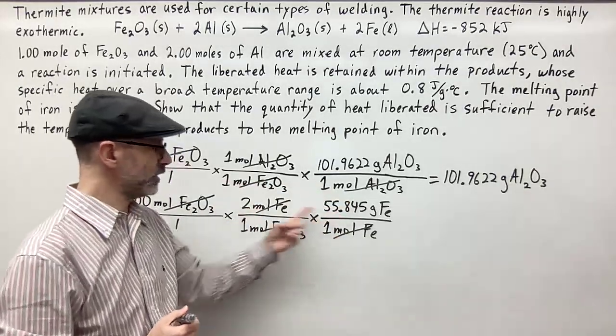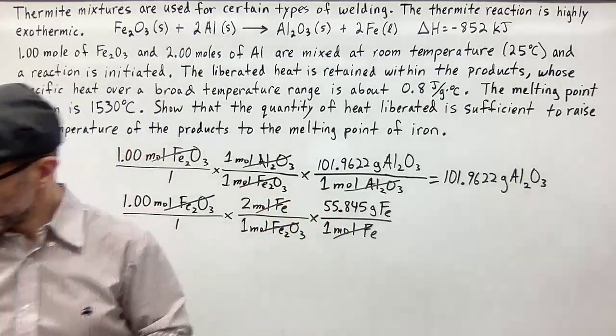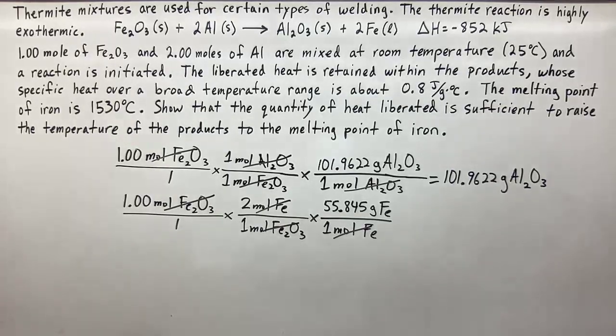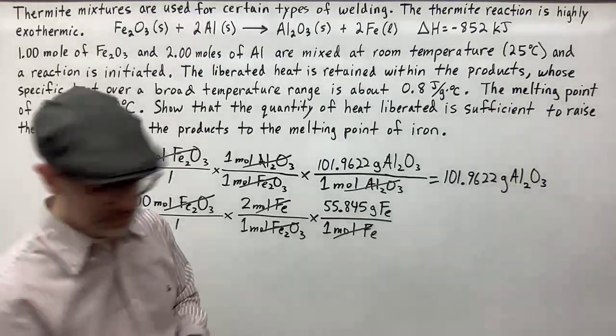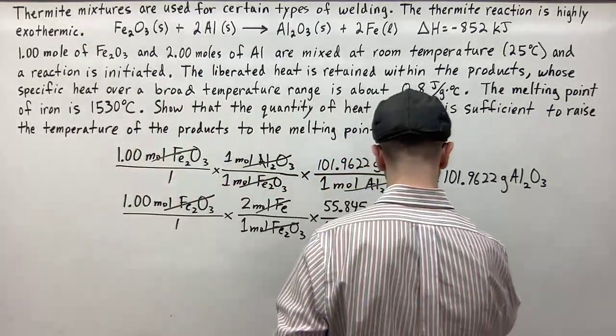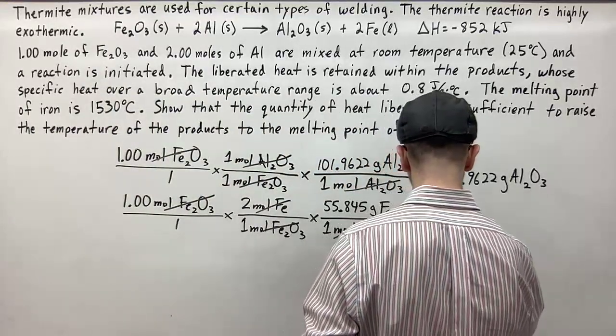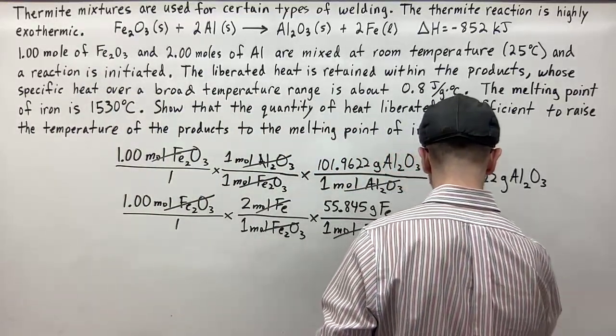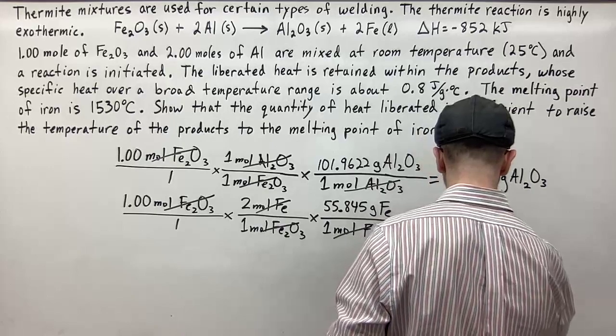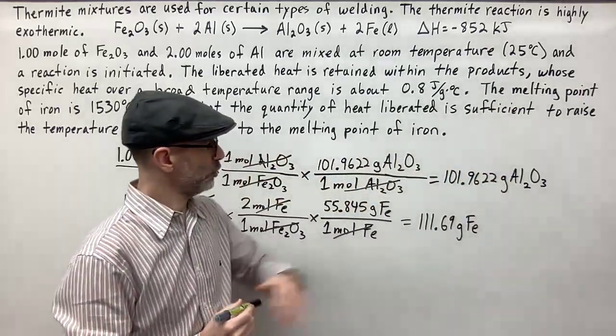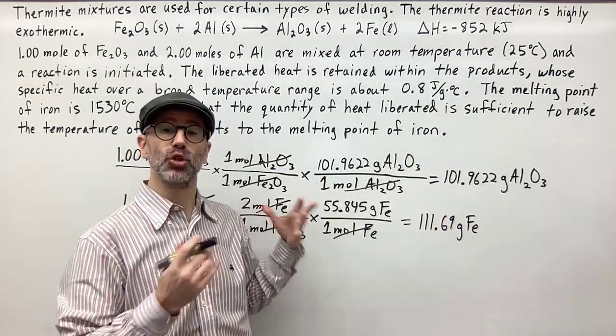And again, we get 2 times the molar mass, which gives us 111.69 grams of iron.